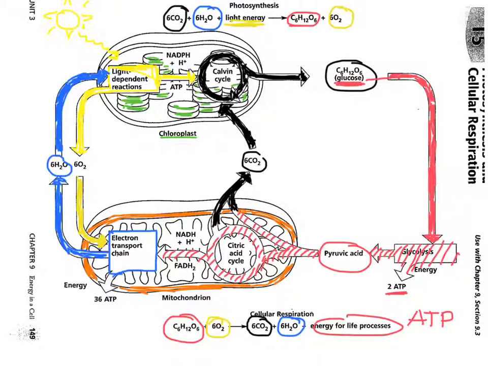Another thing that students sometimes will notice is that if I look up here, as part of my light-dependent reaction, I did produce a small amount of ATP energy. Now, down here in cellular respiration, I had a huge amount of energy produced, 36 ATP molecules. But the reality is both processes did provide me with a little bit of energy in the form of ATP.